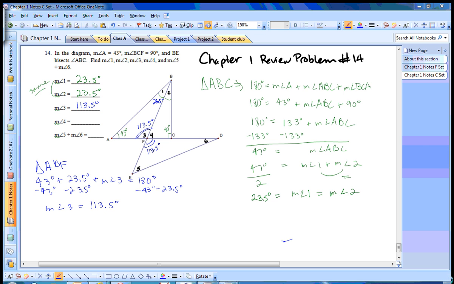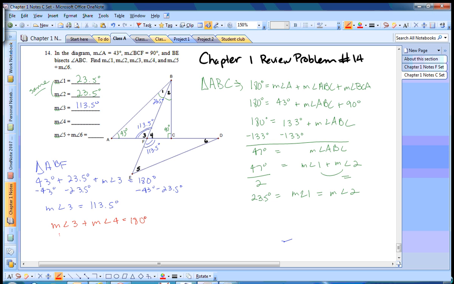Alright, now they're still waiting for angle 4. Now what I notice about angle 4 is that it makes a straight angle with angle 3. What do we know about straight angles? Well, straight angles add up to, of course, 180 degrees. So next step I'll go ahead and do in red. Let's say that the measure of angle 3 plus the measure of angle 4 equals 180 degrees.